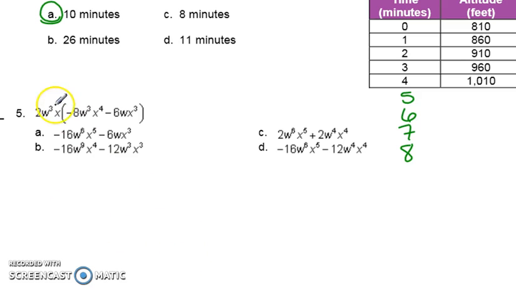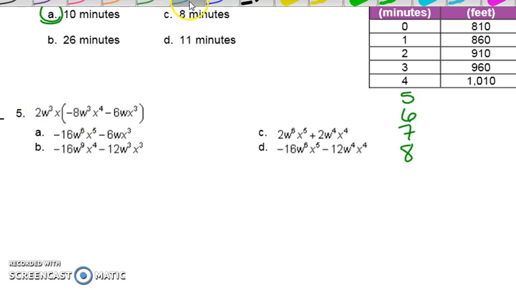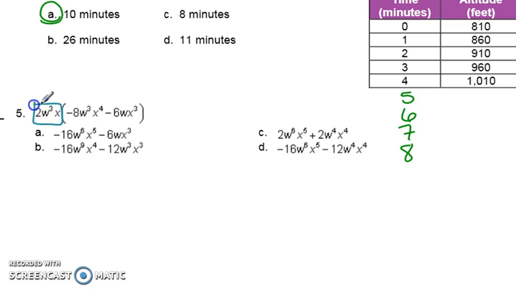Number 5, I'm multiplying. So I'm multiplying this times this, and then times this. So 2w cubed x times negative 8w cubed x to the 4th is going to be negative 16 because I'm multiplying my numbers. And when my bases are the same and they're being multiplied, I'm adding my exponents.